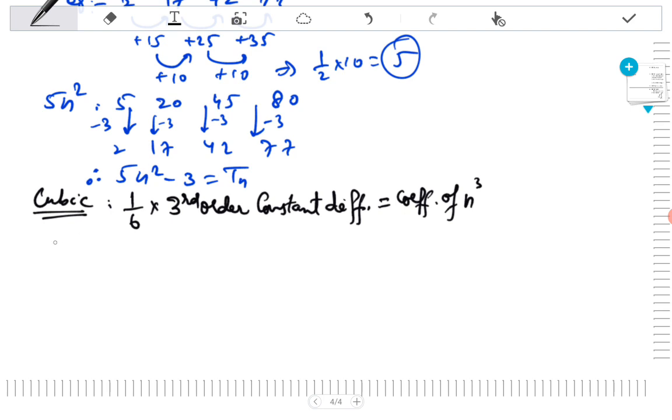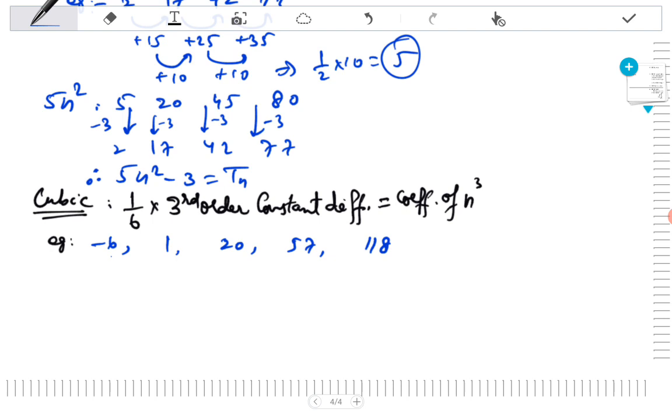So try with this example: minus 6, 1, 20, 57, 118 and so on.